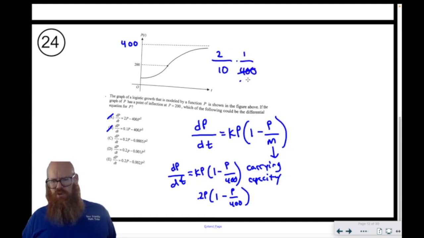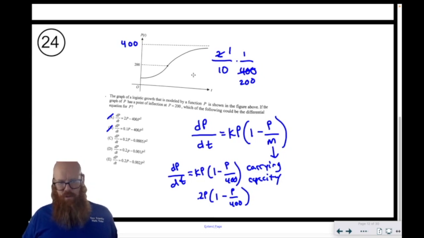This makes 200, and this makes 1. So now I have 1 over 2,000. So I'm looking at the one that is 1 over 2,000, which is going to be C.